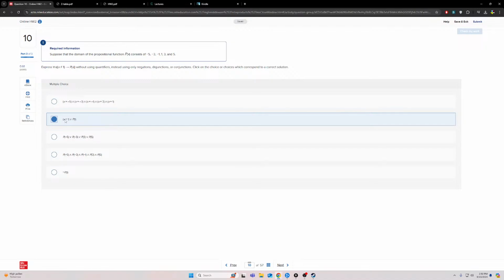Because this would be saying, no, I don't know. X can be equal to 1 or P. 1 is true. If one of these is true, then it's true. I don't think that is the case.